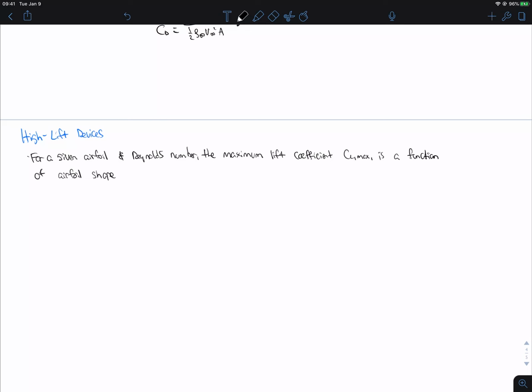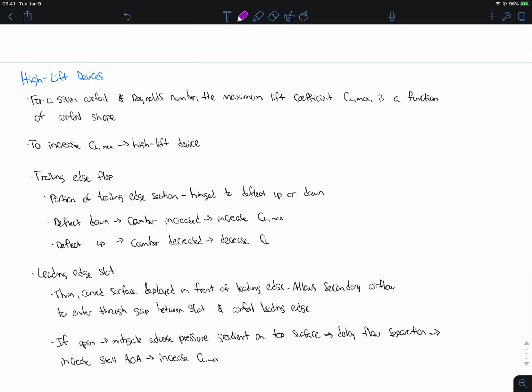And then in this way we can increase our theoretical maximum lift coefficient. Okay, so what I've done now is written out quite a lot of stuff. So for the trailing edge flap, that's going to be a portion on the trailing edge of our wing, and I can deflect it up or down from a hinge.